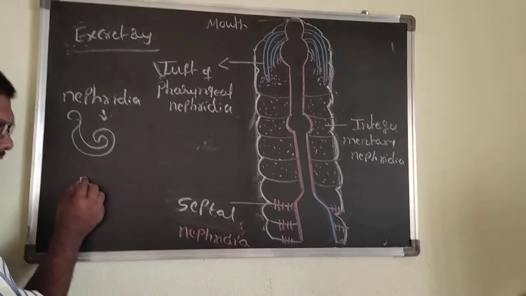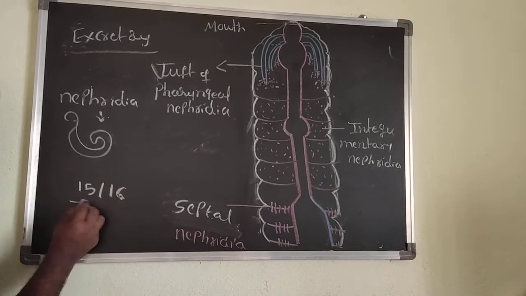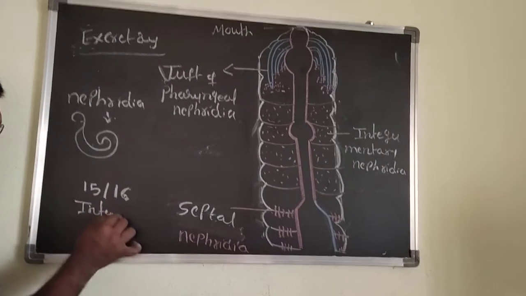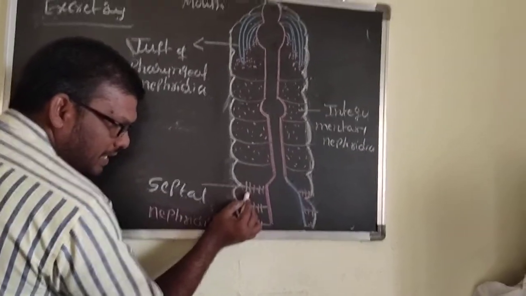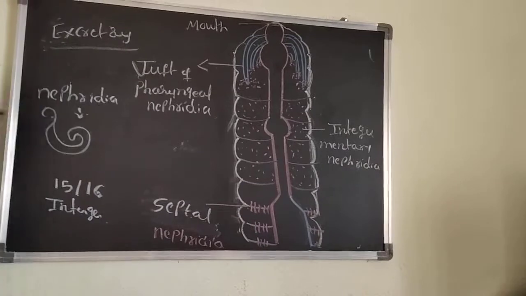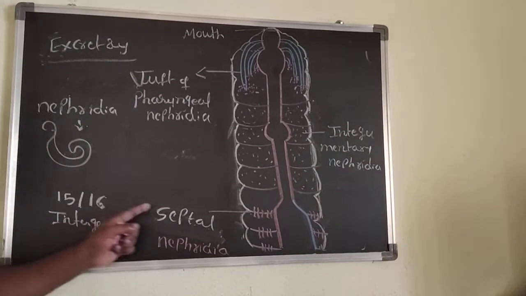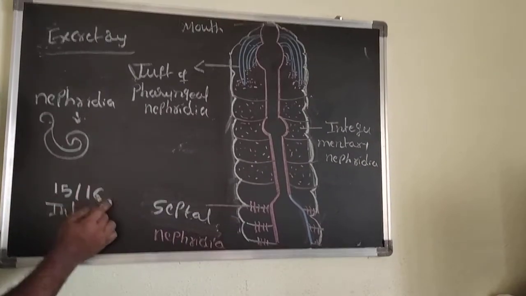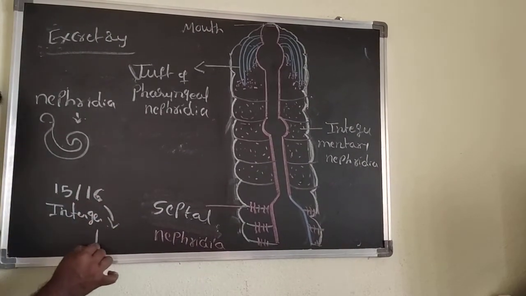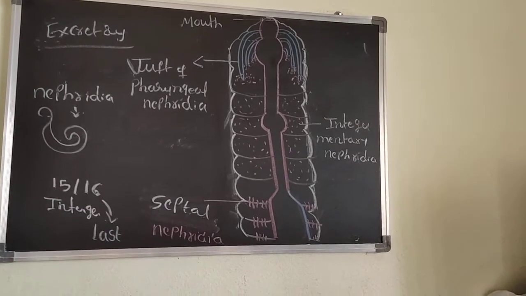Septal nephridia start from the 15th to 16th intersegmental septa. Intersegmental means it occupies the 15th segment and the 16th segment. That's why the septal nephridia start from the 15th-16th segments up to the last segment.